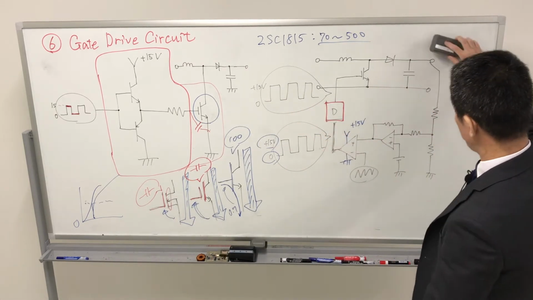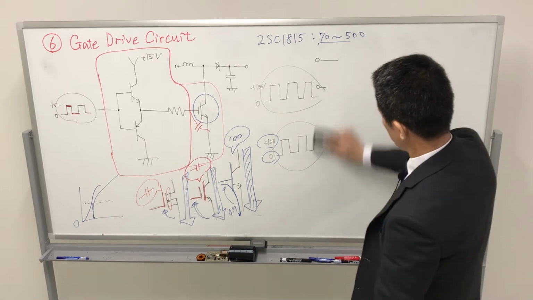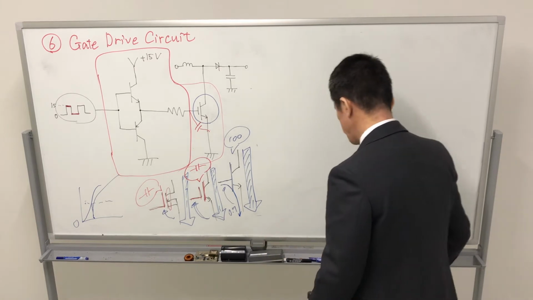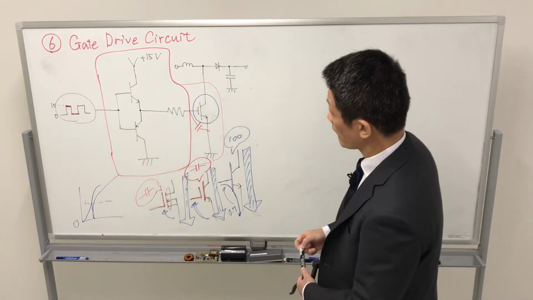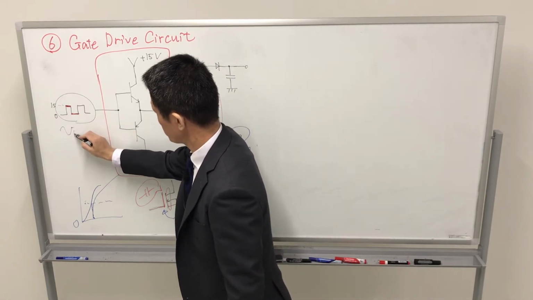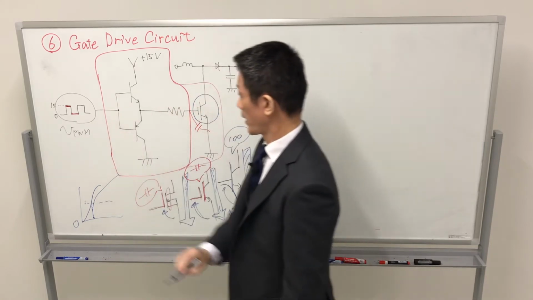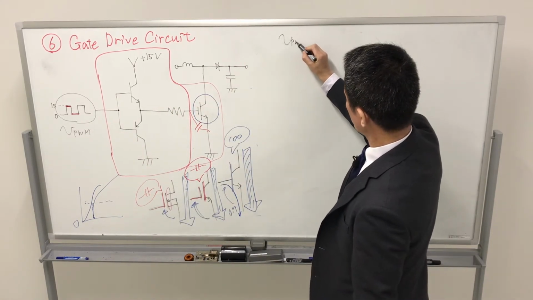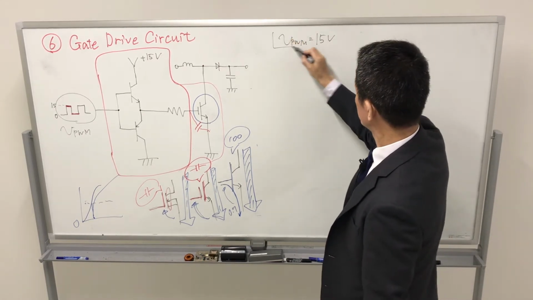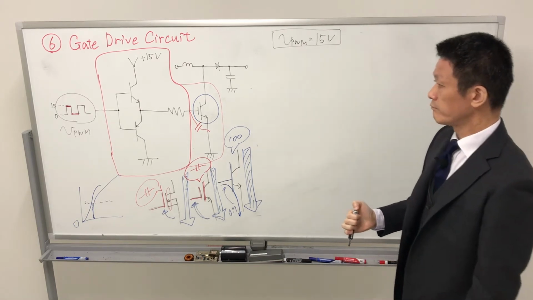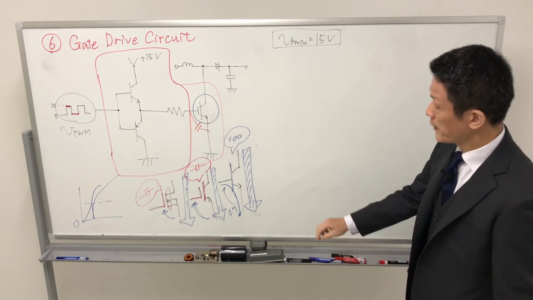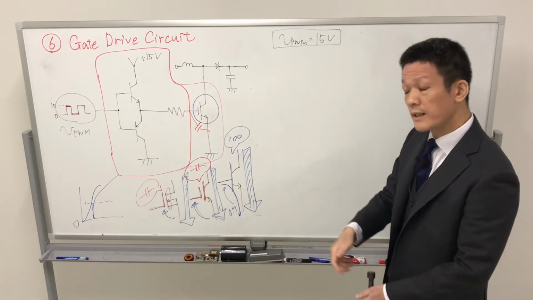First, what is the input VPWM? VPWM equals 15 volt. How about the equivalent circuit of the gate drive circuit? Please consider that one.